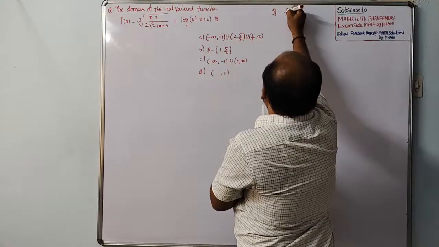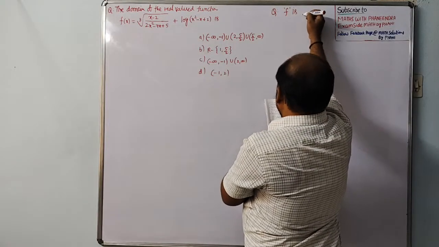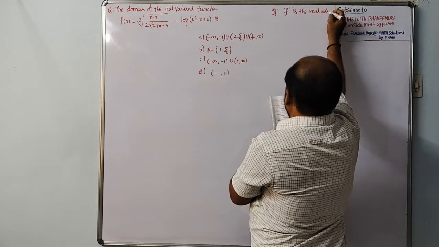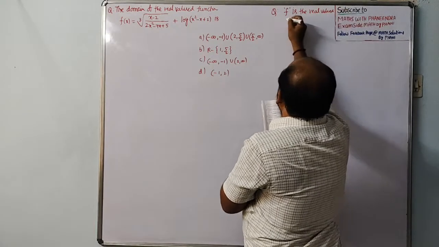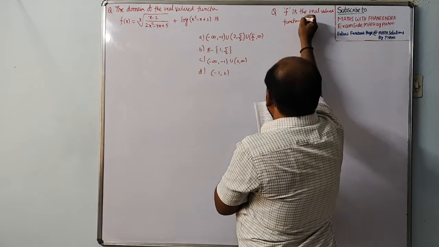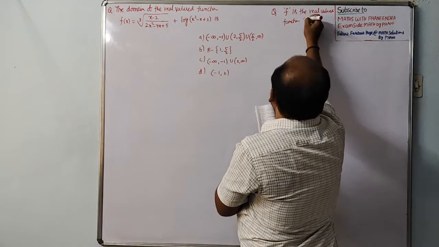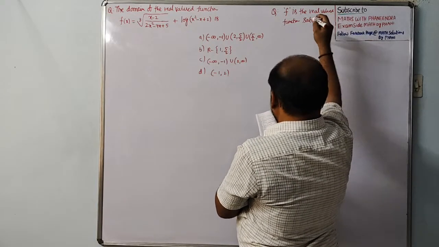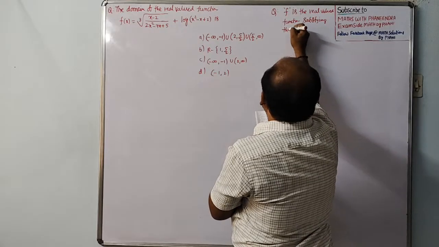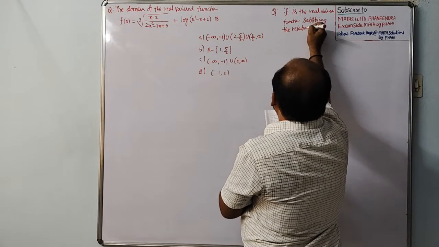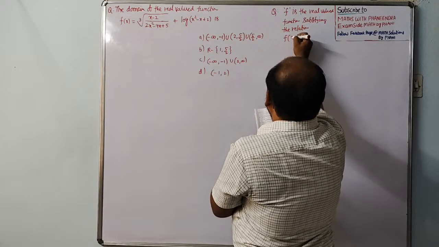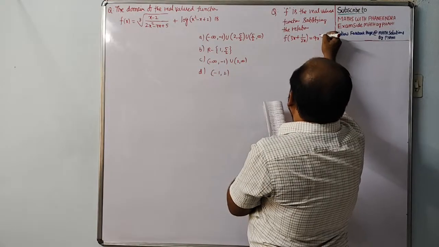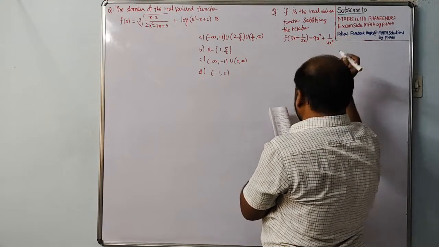f is the real valued function satisfying the relation f of (3x plus 1 by 2x) is equal to 9x square plus 1 by 4x square.